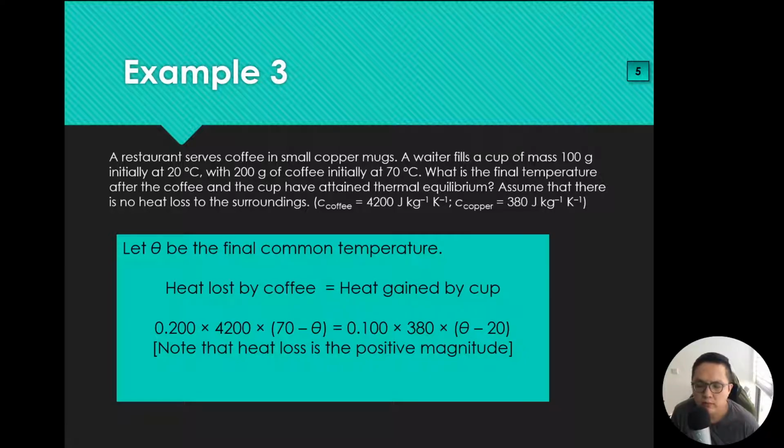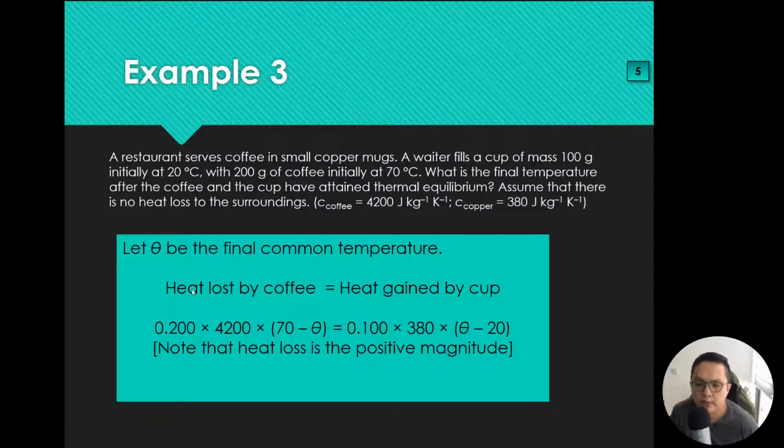For the heat loss by the coffee, if you think about it, it should be from theta minus 70. The final temperature is theta and 70 is the initial temperature. But if you do that, you will definitely get a negative value on this side. By using the word loss, we have already said that this is a negative value, so we just take the positive of it.